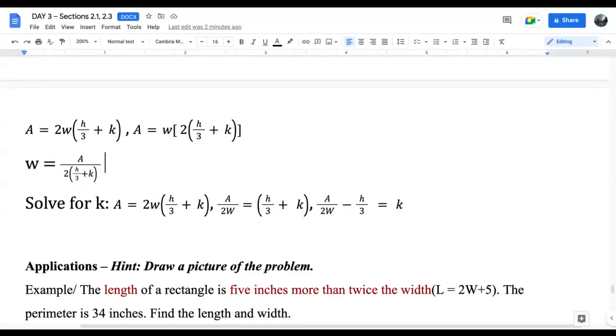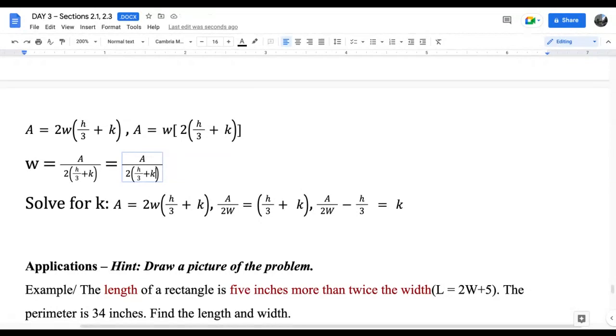Or if you want to do some calculation, we need the common denominators.